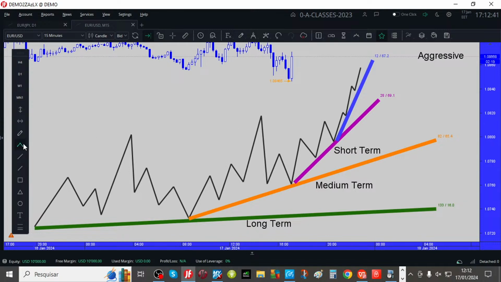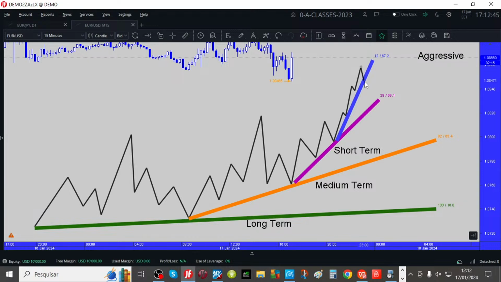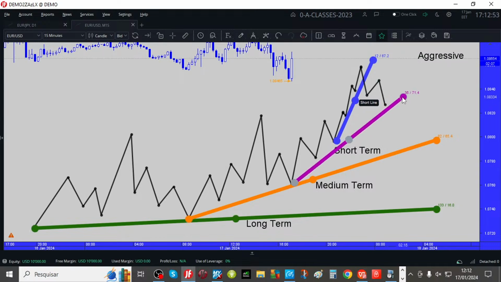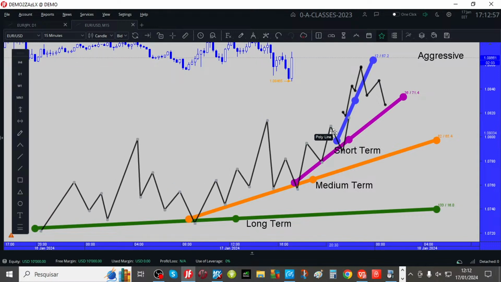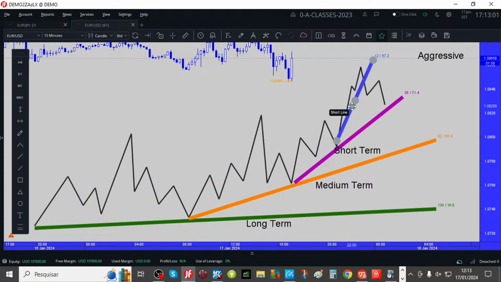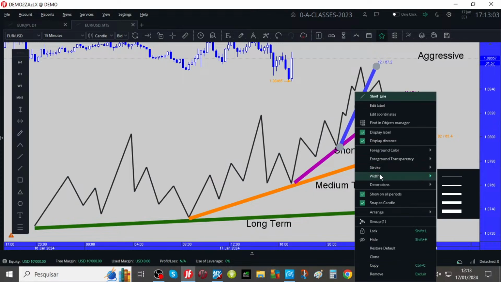Alright, now once the market breaks the aggressive trend line and starts to make a lower low, lower high like this, and maybe not breaking the violet, and I'm going to make it thicker.